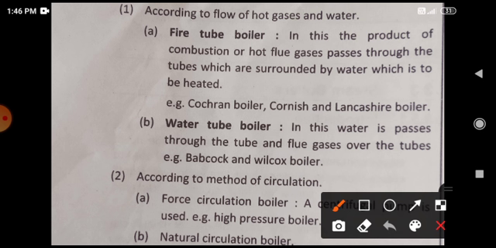In this, the products of combustion or hot flue gases pass through the tubes, which are surrounded by the water to be heated. Examples are the Cochran, Cornish and Lancashire boilers. Water tube boiler: in this, water is passed through the tubes and flue gases over the tubes. Example: Babcock and Wilcox.